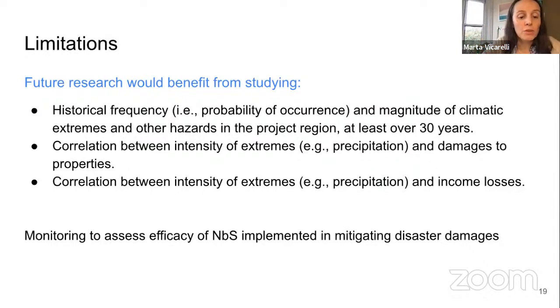And also correlation between the intensity of extremes and income losses. So this would be in a perfect world, and this is the point of view of a researcher. Something also that could make this analysis even stronger could be if monitoring was incorporated in the design of the projects, and so we would be able to monitor what happens in the future.